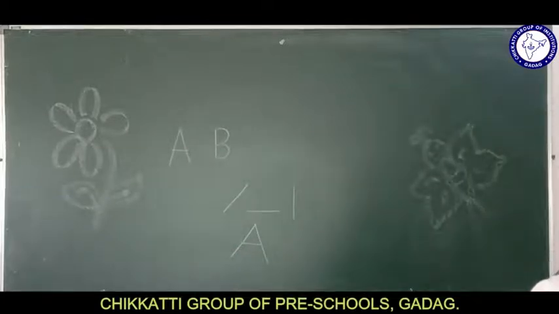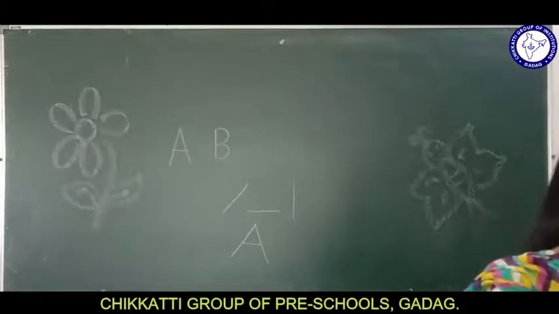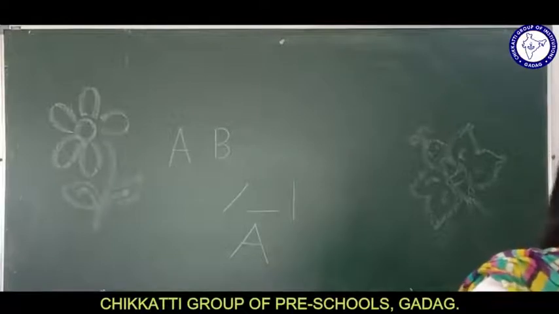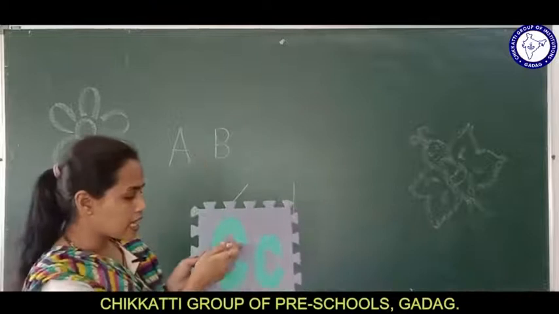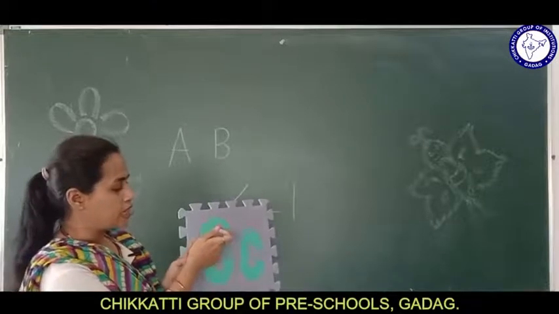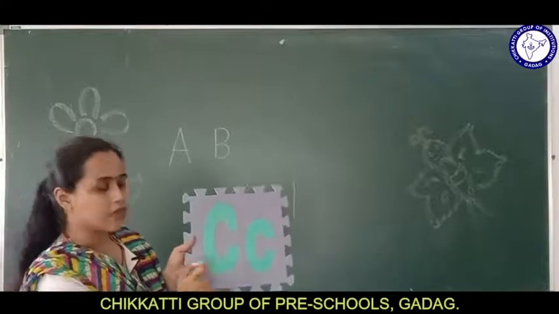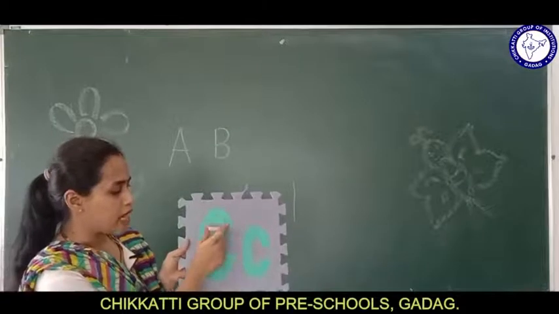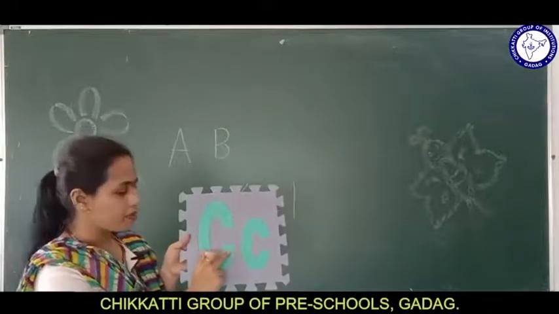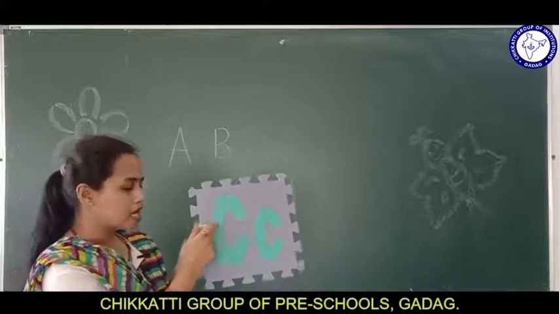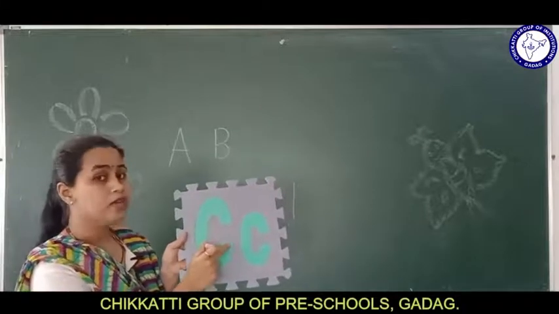Can you tell me which is the next alphabet? Yes, it's C. How do you have to write it? From up, curve, down, stop. Up, curve, down, stop.